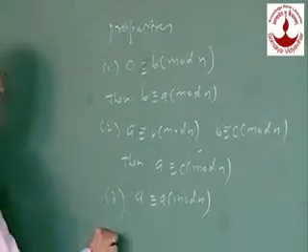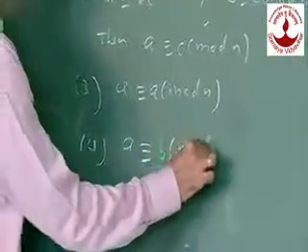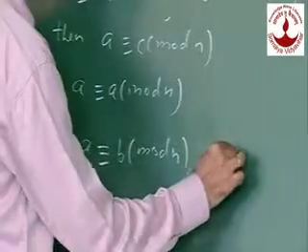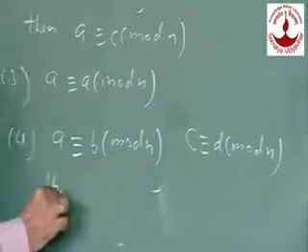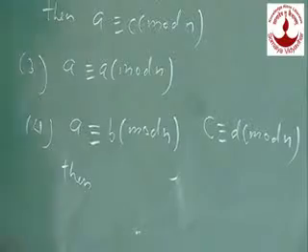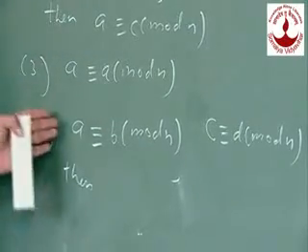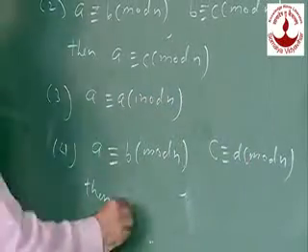The fourth one: if a is congruent to b modulo n, and c is congruent to d modulo n, then we can multiply. Like we multiply numbers, like that we also multiply congruences: the left side is multiplied to the left and the right is multiplied to the right.